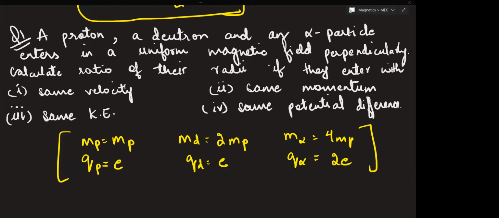Tell the ratio between R_p, R_d, R_alpha. So there will be three terms, like 1 is to 2 is to 3, in this way. Alright, Hanifa, just try it once again.